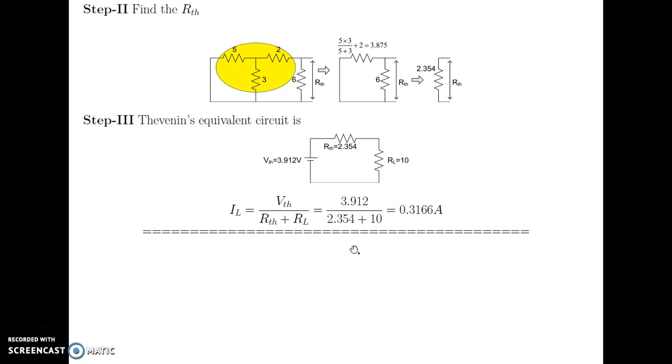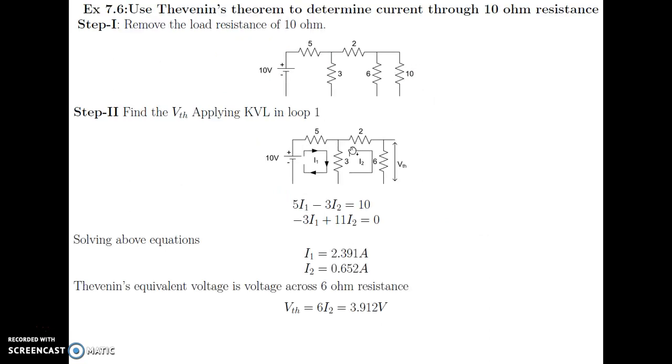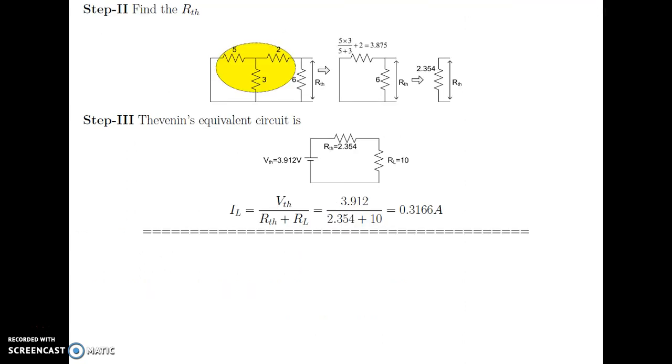Now we want to find RTH. To find RTH, the voltage source is replaced by a short, or its internal resistance. As the internal resistance is not given, it is shorted, and looking from this load terminal we have to calculate RTH. So we do the network reduction.